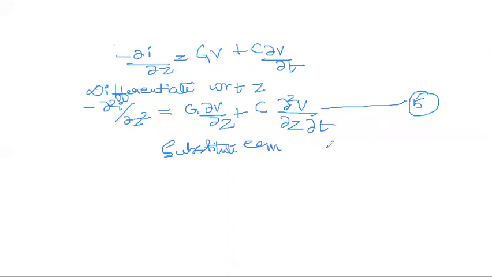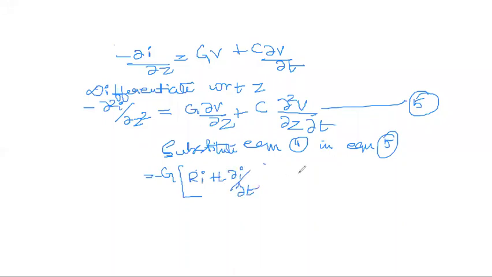here substitute equation 1 in equation 5. So you have ∂v/∂z. This equation will be G ∂v/∂z; there is a negative, so take the negative term outside because it is given in the equation as minus ∂v/∂z. So this will be minus (RI plus L ∂I/∂t) plus C into ∂/∂t.